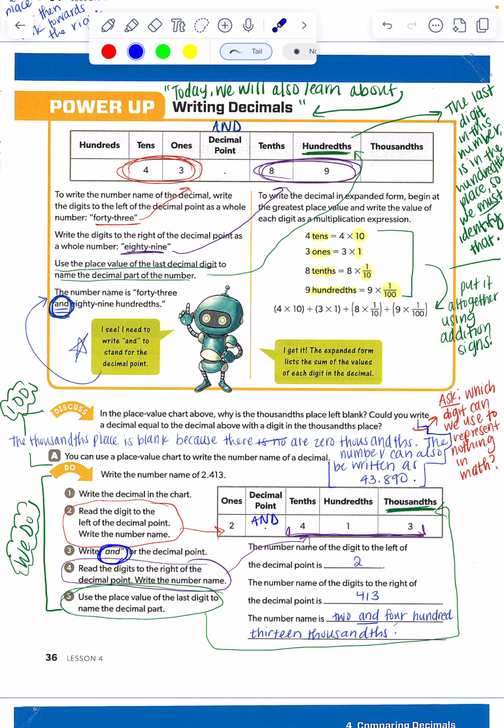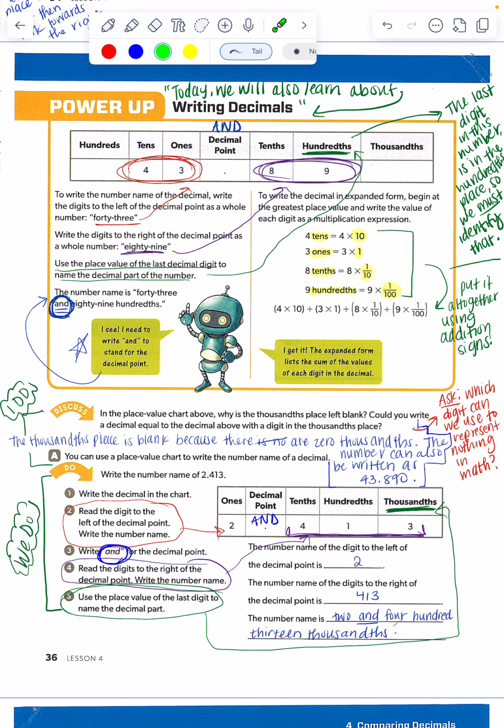But then we know that we are talking about place values, so it's important for us to identify what the last digit is in this entire number. So the last digit, or the smallest place value in this entire number, is the hundredths place value. The 9 is in the hundredths place. So we would say 43 and 89 hundredths.